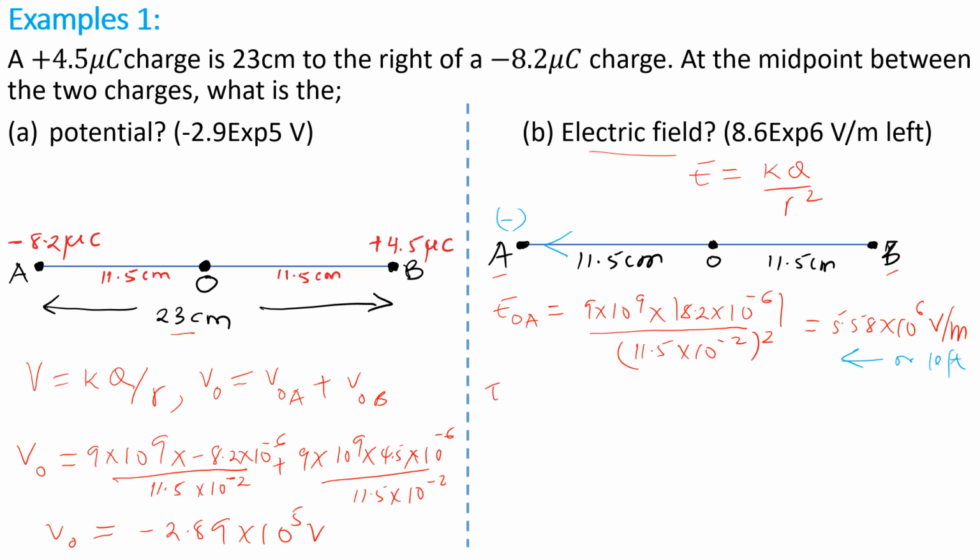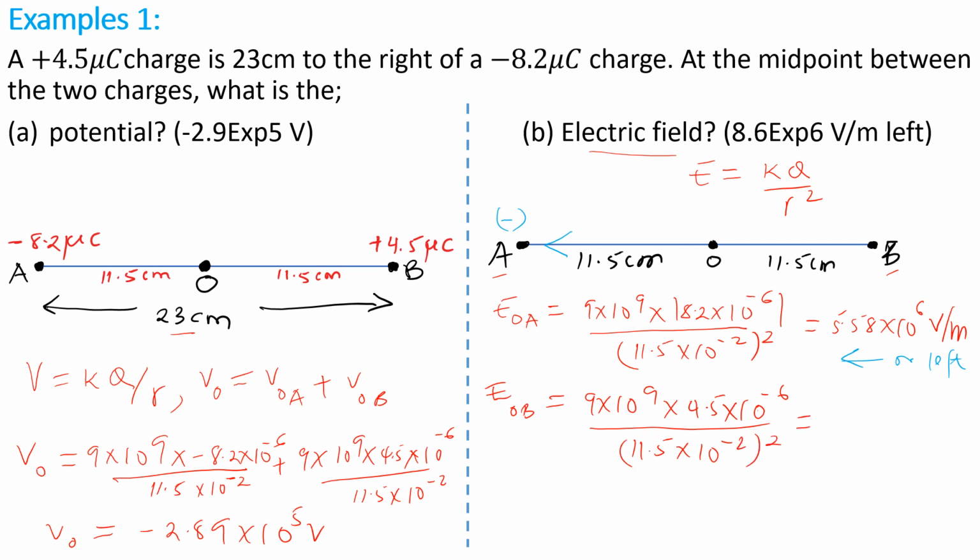Well, we go on. As we mentioned earlier, the electric field intensity at O is due to B also, so that's going to be E at O due to B. If we substitute, we get 9 times 10 to the power 9, from the formula, that's K times the charge placed at B, which is positive 4.5 times 10 to the power negative 6, that's a micro, divided by the distance of B from O, which is also 11.5 times 10 to the power negative 2, but this is squared.